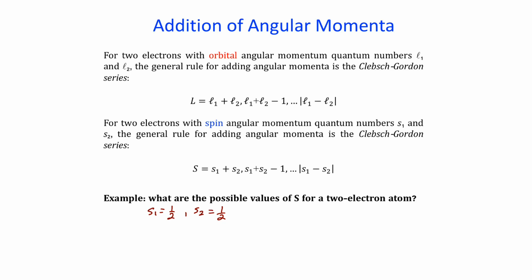Remember that back from our introduction to the idea of spin and our spin quantum numbers. So we are just going to do our Clebsch-Gordan series. Our big S is going to be the sum of S1 plus S2, and then S1 plus S2 minus 1, and then we could keep going.